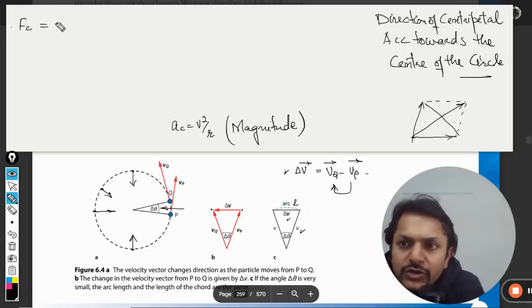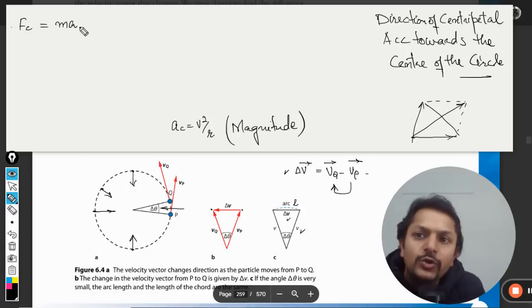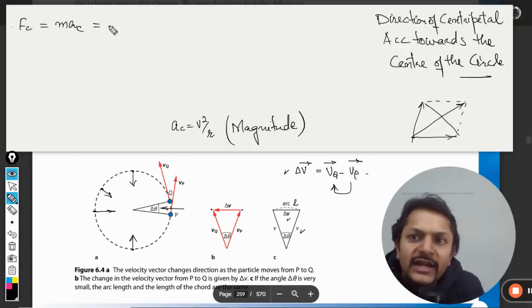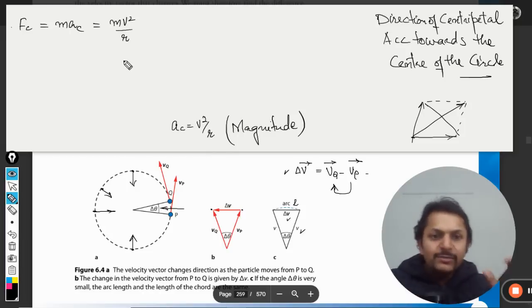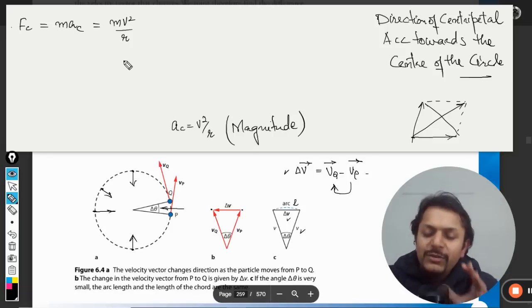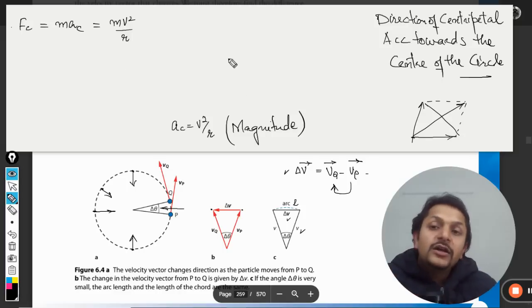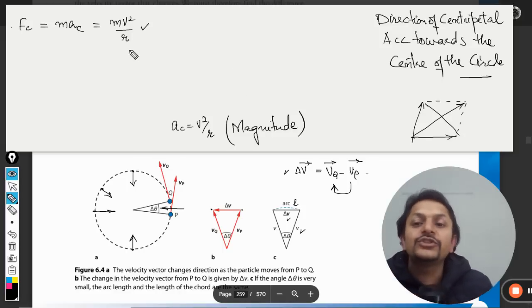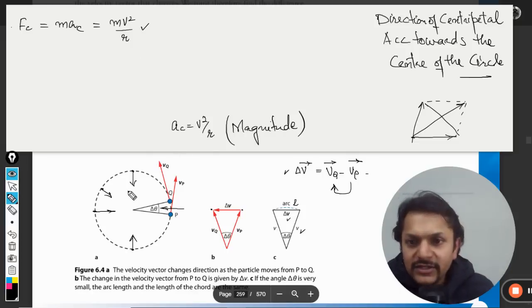Because Newton said that F is equal to m into a, we will just use it, and the acceleration is substituted as V square by R. It becomes mv square by R. So the centripetal force becomes mv square by R, the magnitude of the force, and this force is always acting towards the center. So this is the centripetal force.